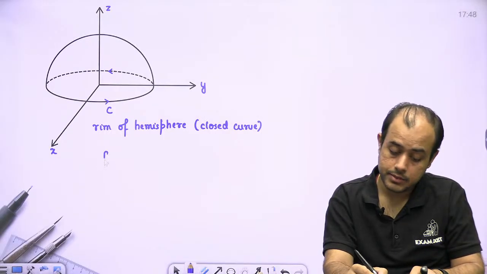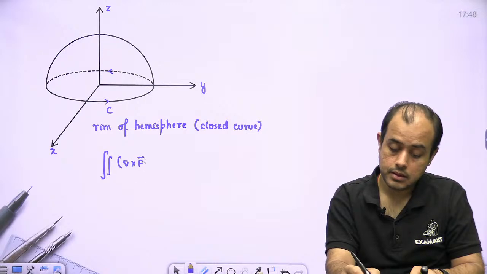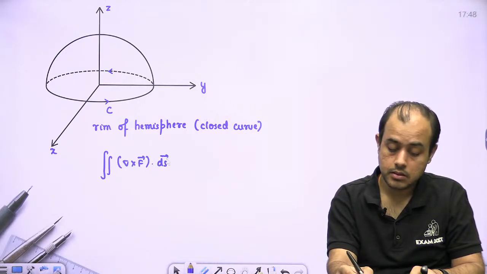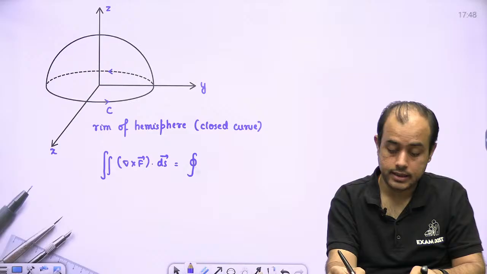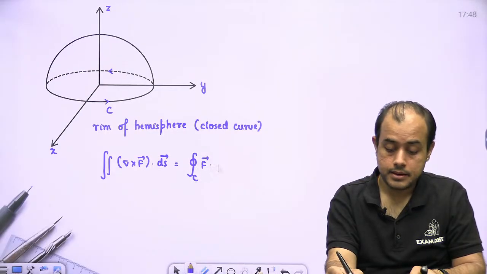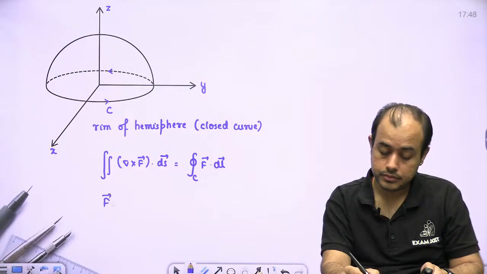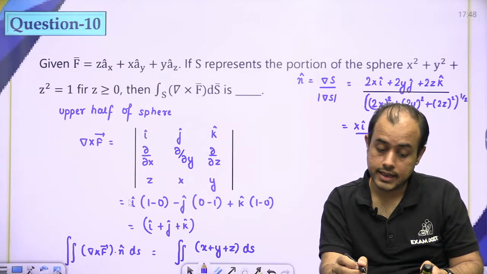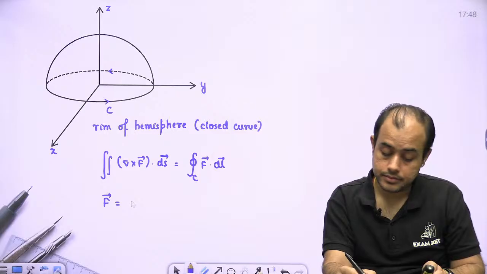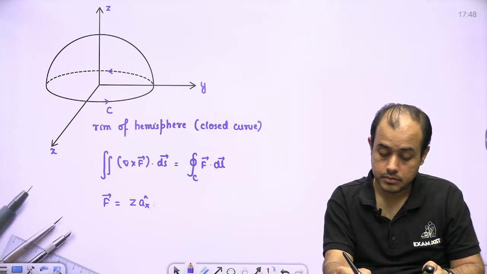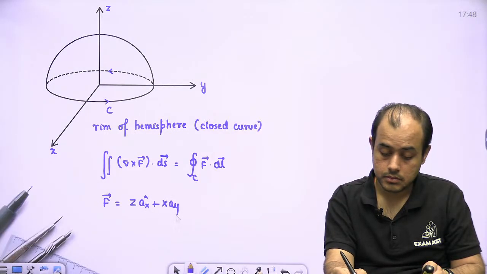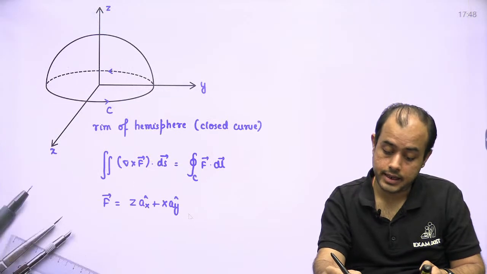So sometimes we apply the inverse Stokes theorem, beta, which is like this. Now this is in the xy plane. So z a_x plus x a_y plus y a_z.